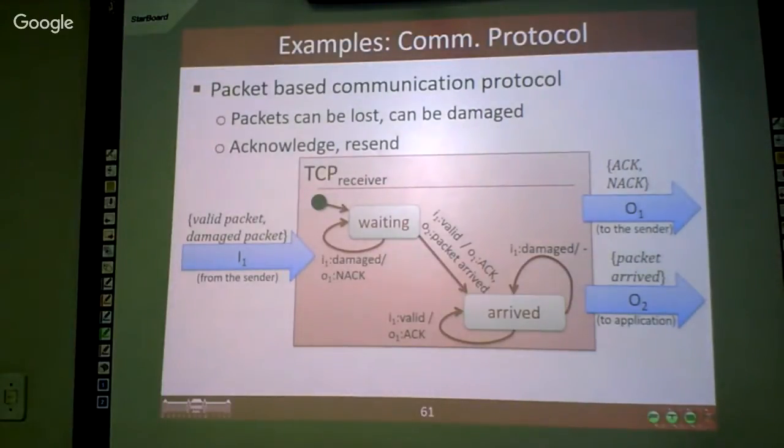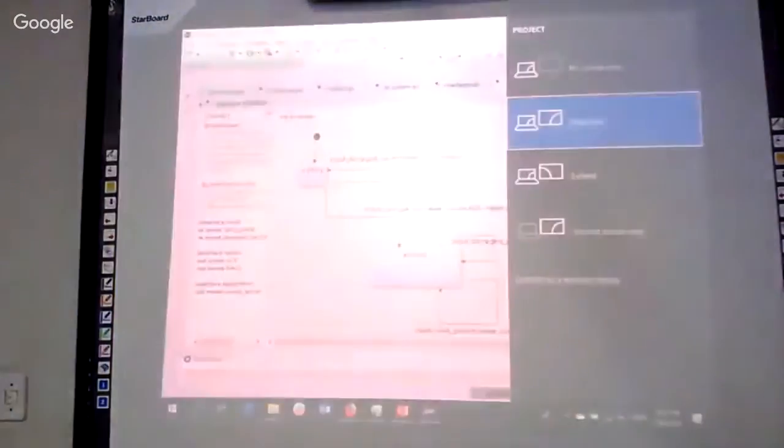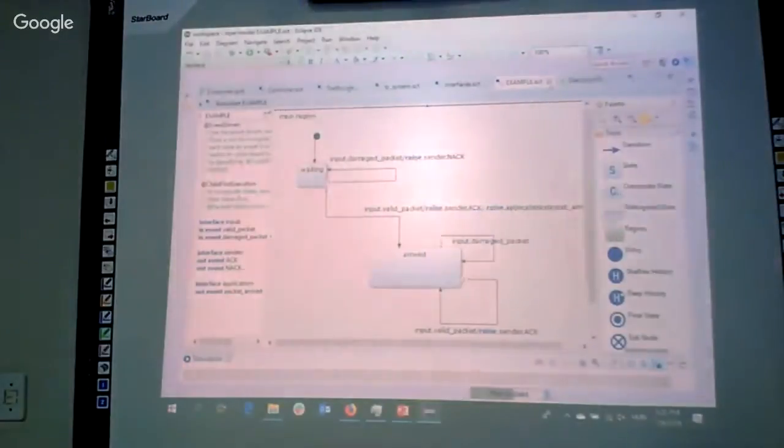And I will show you this system in a modeling tool. So tomorrow there will be a laboratory, and I want to show you. We are going to use the Yakindu state chart tools, so this will be the tool that we are going to use tomorrow.